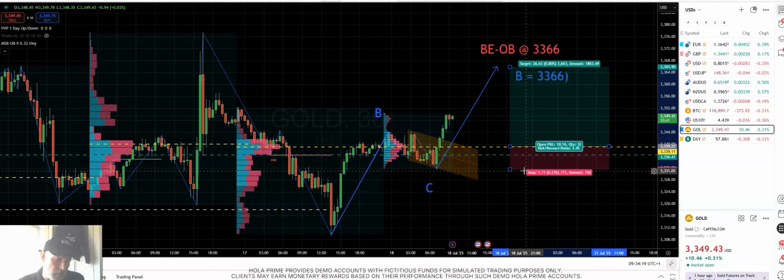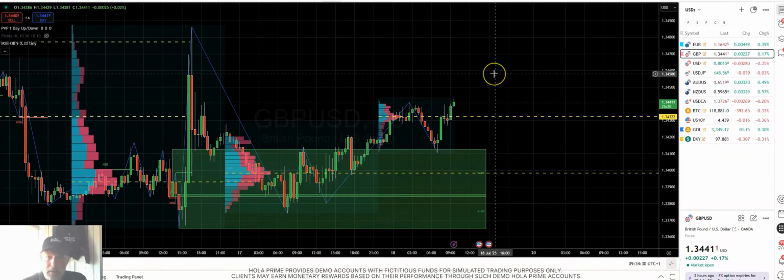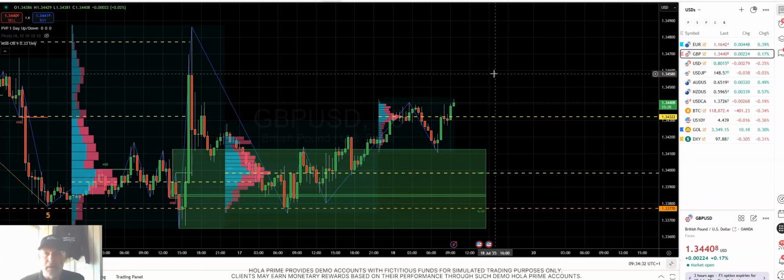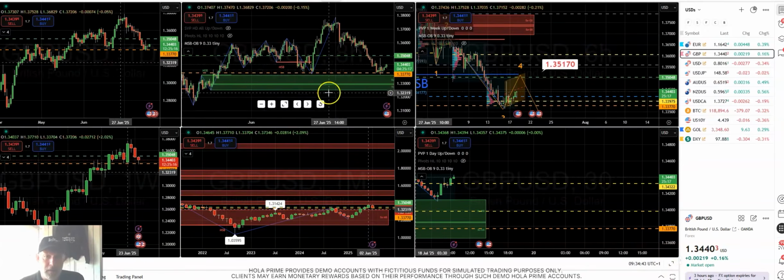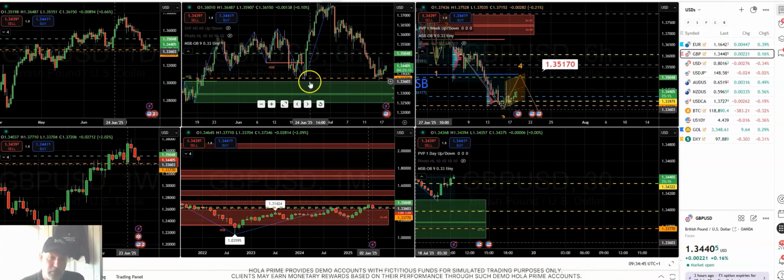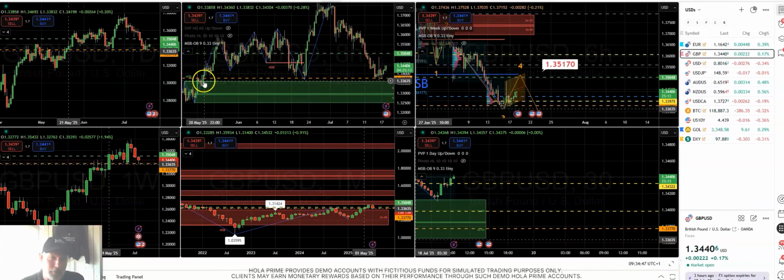So we spoke about the dollar, we spoke about gold, we spoke about the euro against the US dollar. Let's have a look at cable. That's one thing we haven't looked at yet. Okay, so again we're correcting higher, but this is a big picture analysis. Okay, this is the swing trade opportunity. So again, using a different time frame. Is this coincidence, or is this, you know, a really good technical analysis tool?